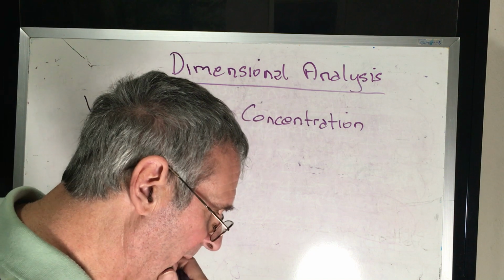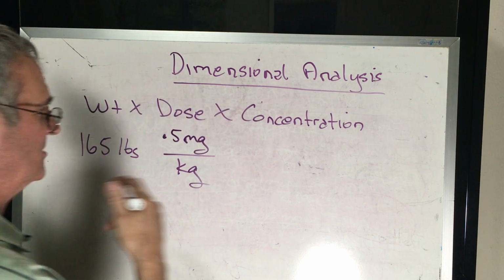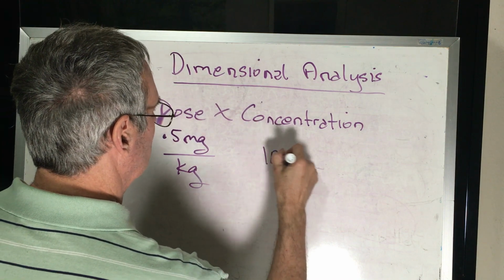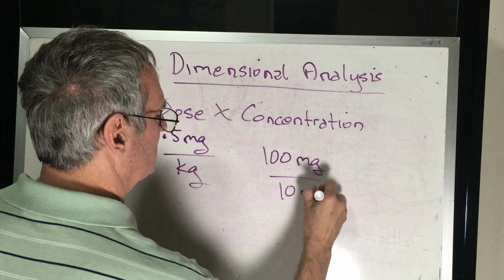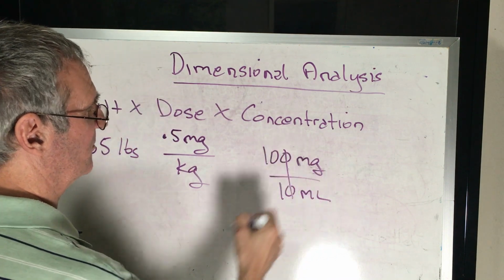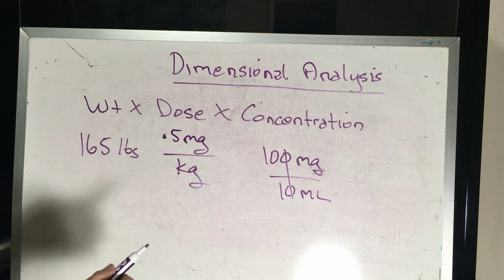Okay, and the dosage is 100 milligrams and 10 mils. Now I'm going to have to do a lot here, so I'm just going to write it as it's written right now. I can get rid of a 0 here and go, there's 10 milligrams per 1 mil.